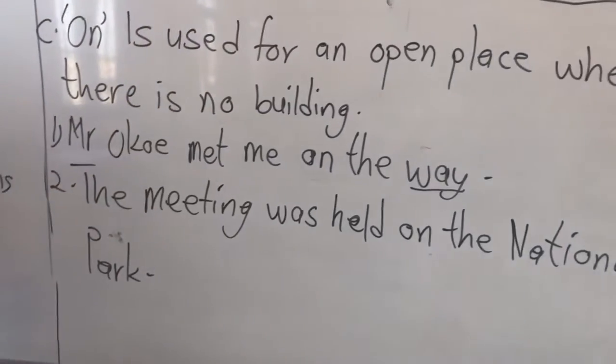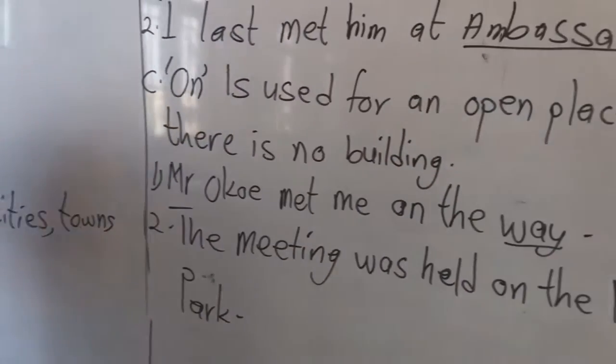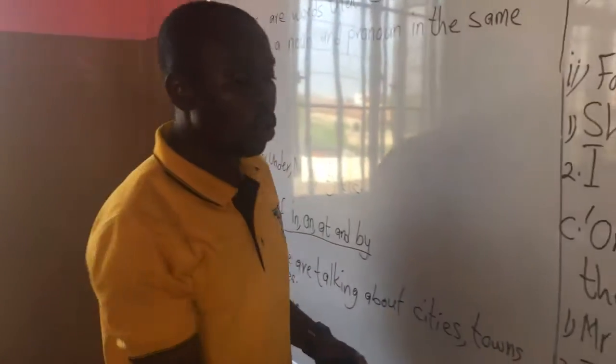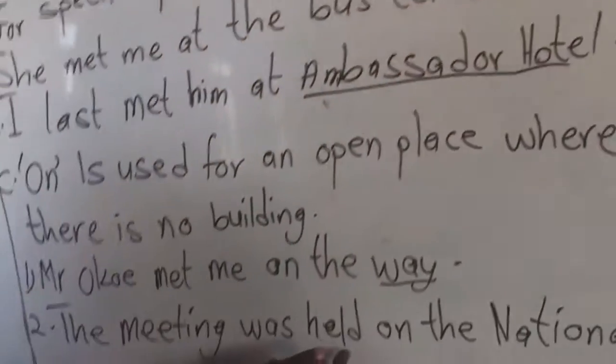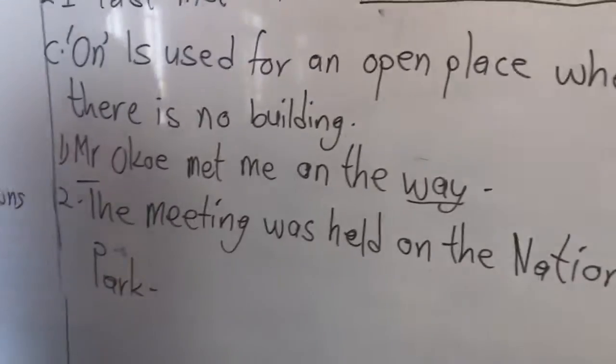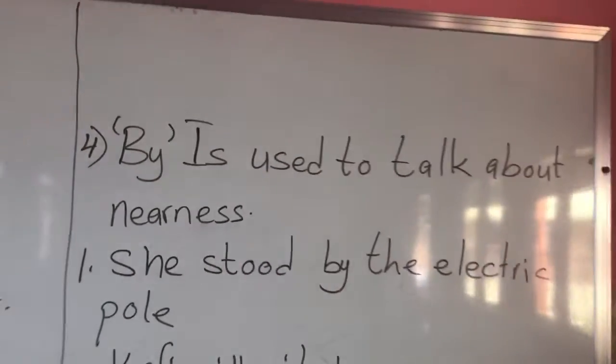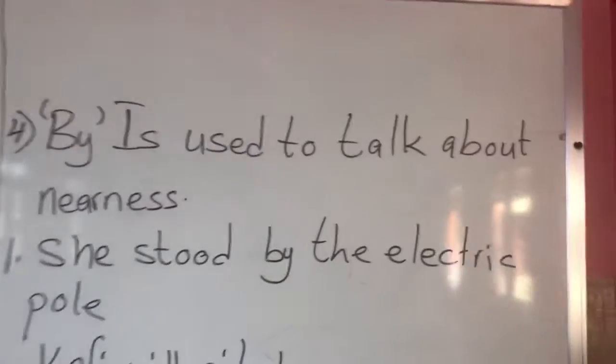The national park is an open place. There's no building there. It's just like a football park. So the meeting was held on the national park. Good. Let's continue with the last one, which is by.